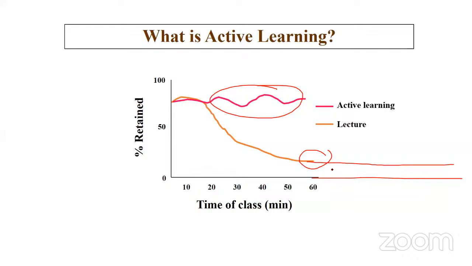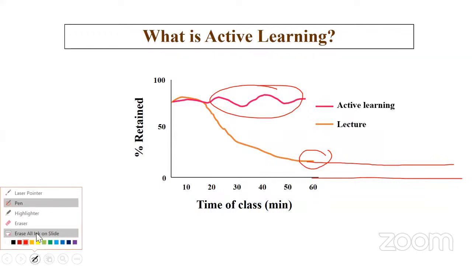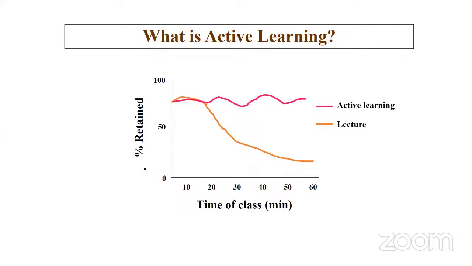Now, from your neutral view, can you tell which one is effective in the context of teaching learning? Anybody? Which one is effective and why do you feel it is effective?